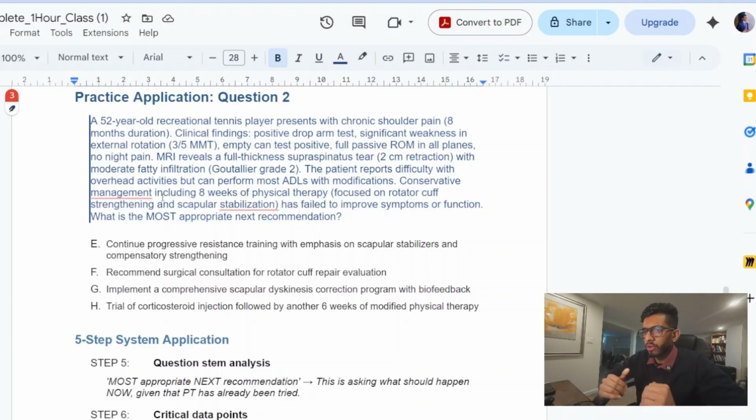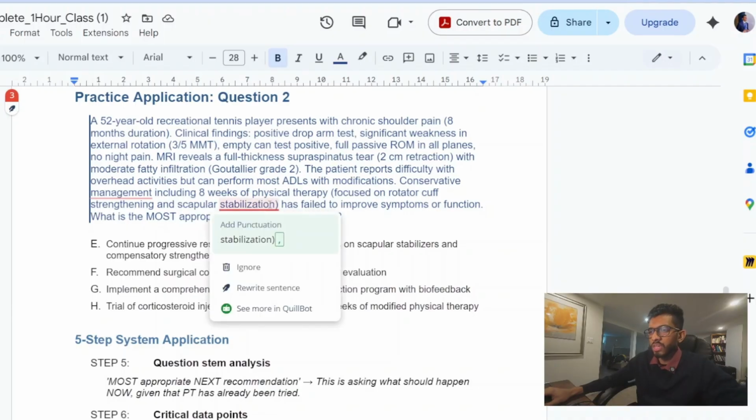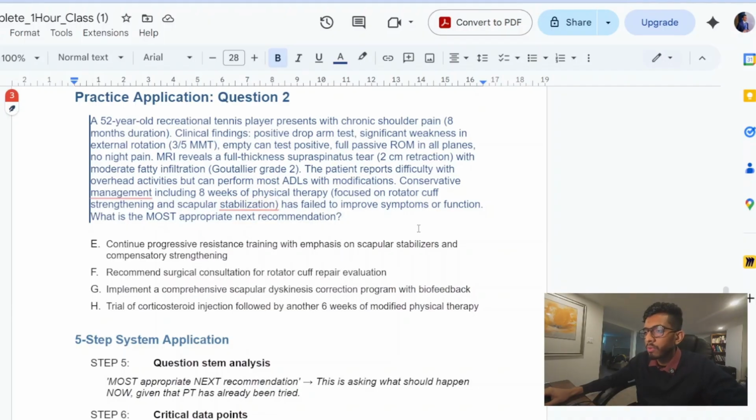The patient reports difficulty with overhead activities but can perform most activities of daily living with modification. Conservative management, including 8 weeks of physical therapy focused on rotator cuff strengthening and scapular stabilization, has failed to improve symptoms or function. What is the most appropriate recommendation?